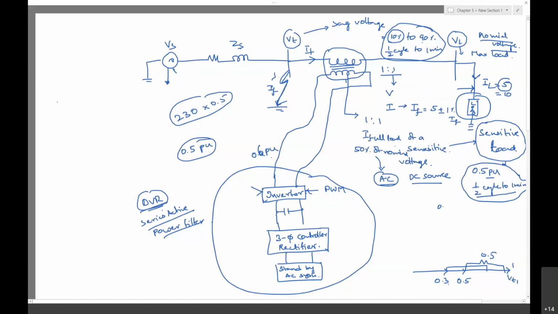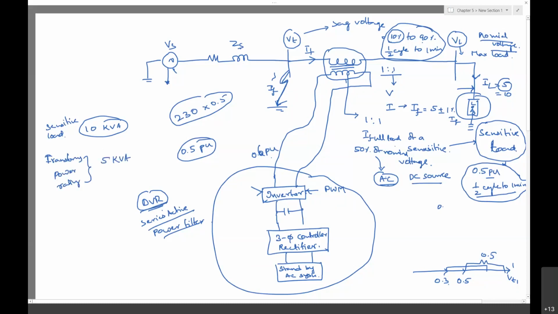That means if your sensitive load capacity is 10 kVA, then for the injection transformer, which also has a power rating, the transformer power rating is about 5 kVA.